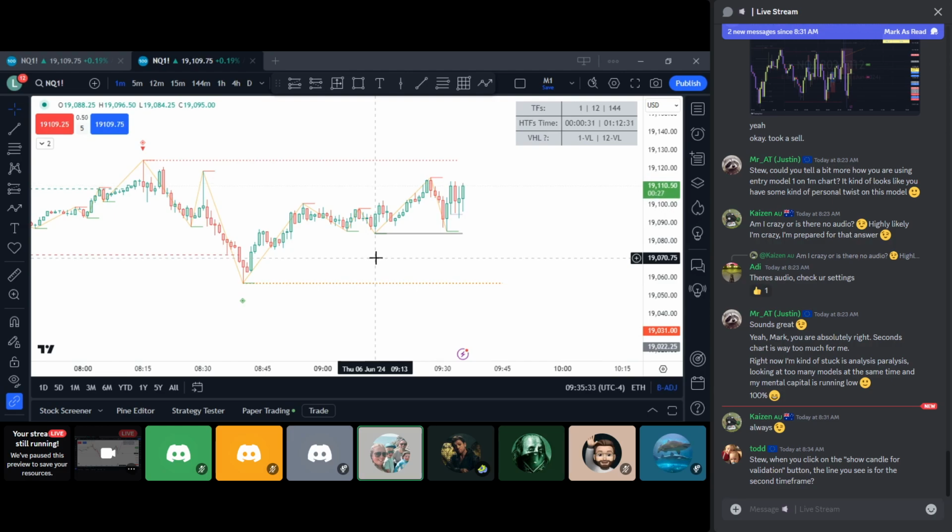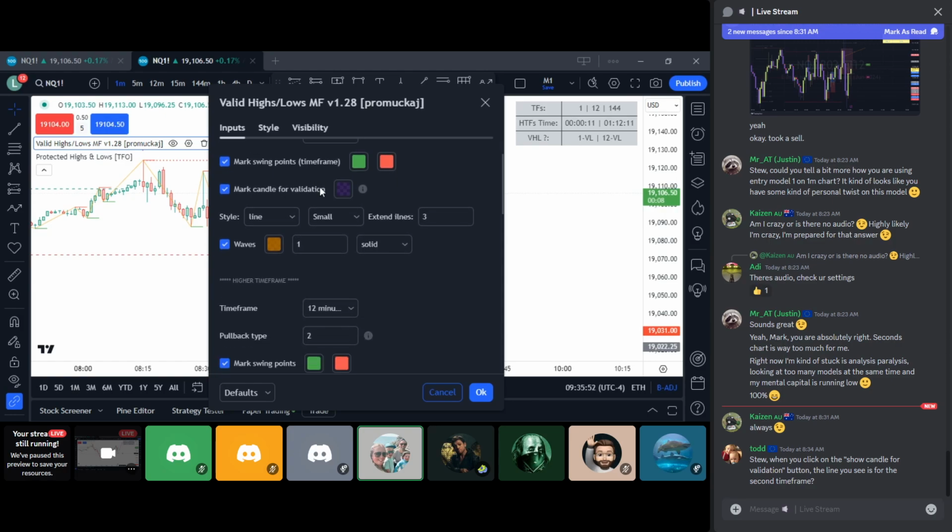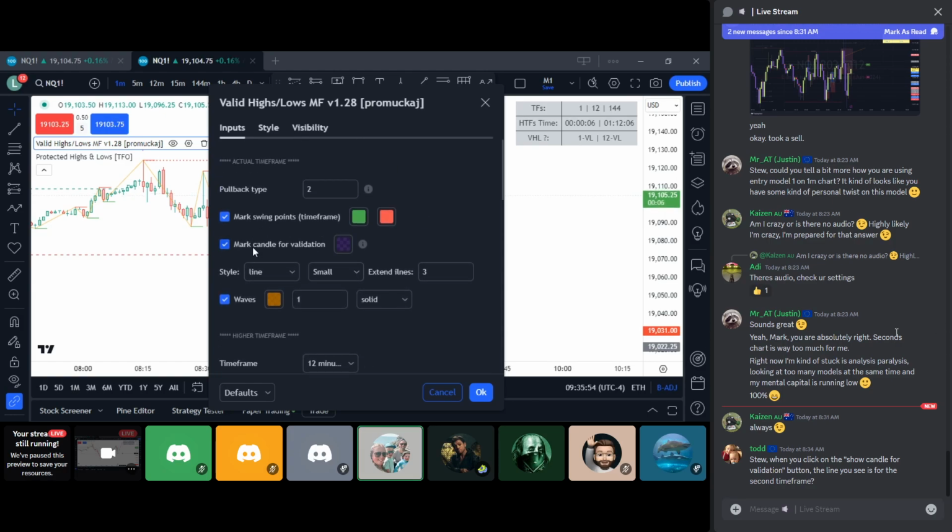Click on the show candle for validation button. The line you see is for the second time frame. When you click on the settings, this validation candle is for that actual time frame.